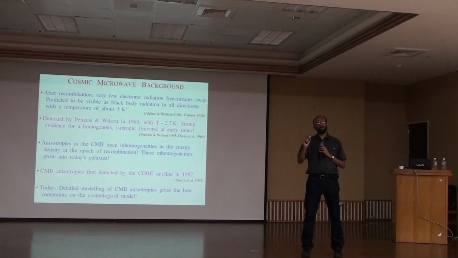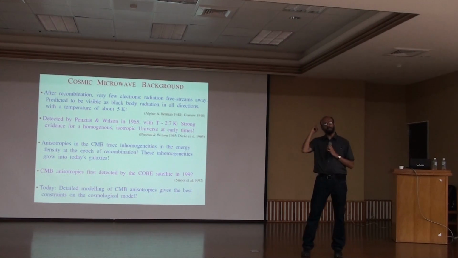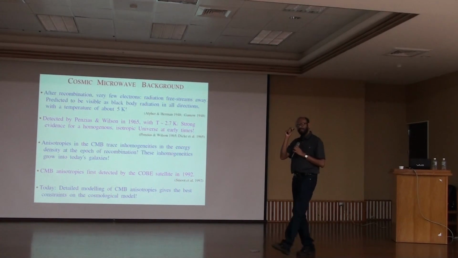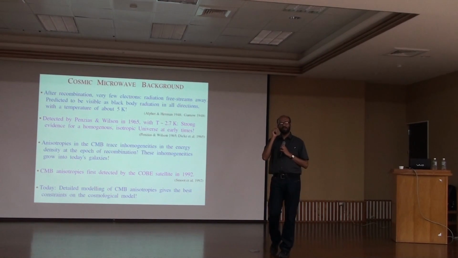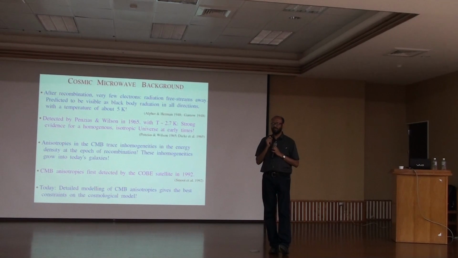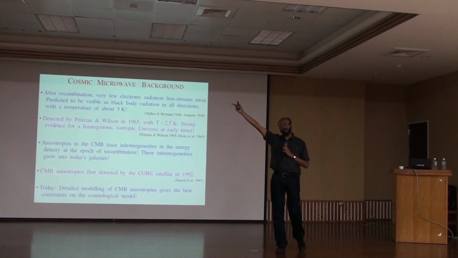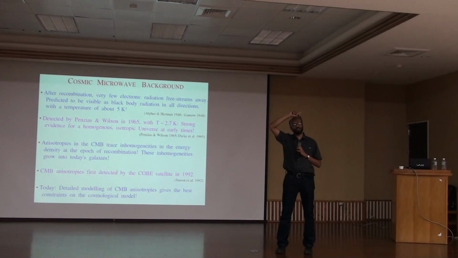If this does not happen, you cannot form galaxies. You're absolutely sure that the universe must be nearly perfectly homogeneous, but not perfectly homogeneous. That's a prediction again, which came from the Big Bang model, that the universe has to be almost perfectly homogeneous, slightly inhomogeneous.